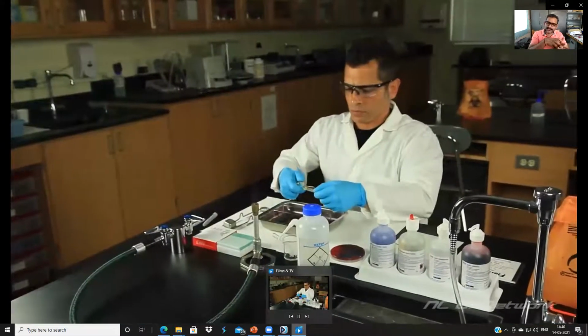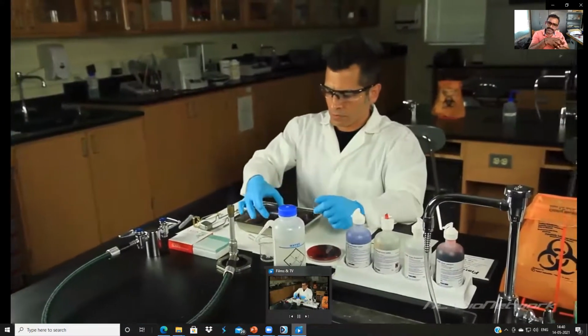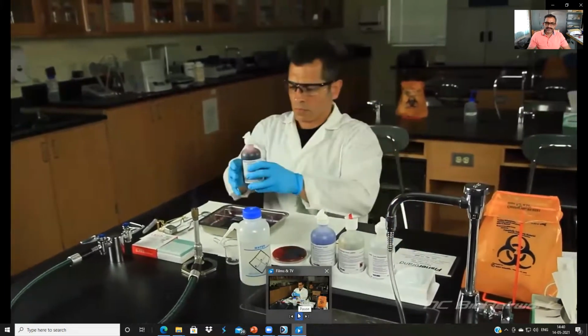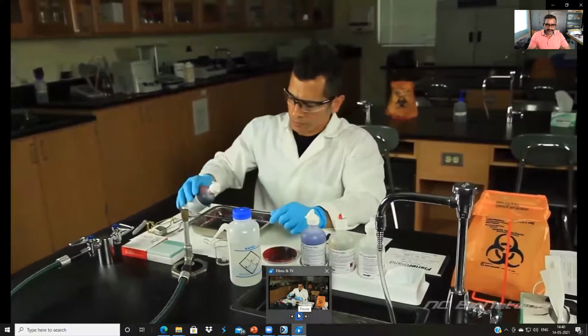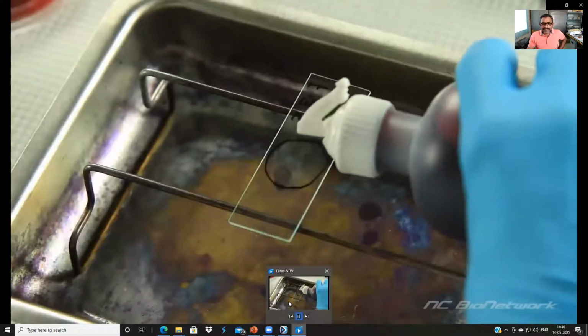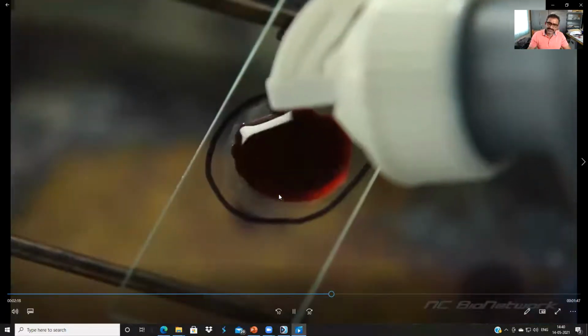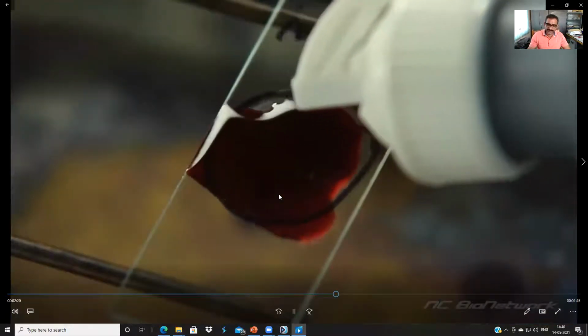Then we are heat fixing here by passing the slide over a flame. It will help in a tighter attachment of the bacterial cells onto the slide. Now flood the slide with an excess amount of a simple basic stain.